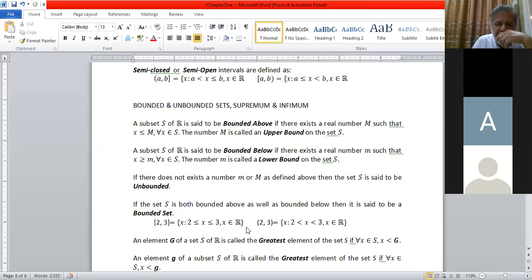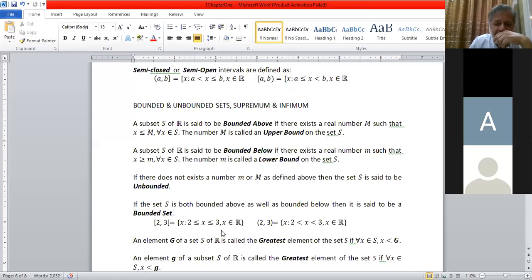So we have an important point here to note down, that is, when a set is bounded and when a set is finite. These two examples are there where the two sets are bounded, but they are infinite.